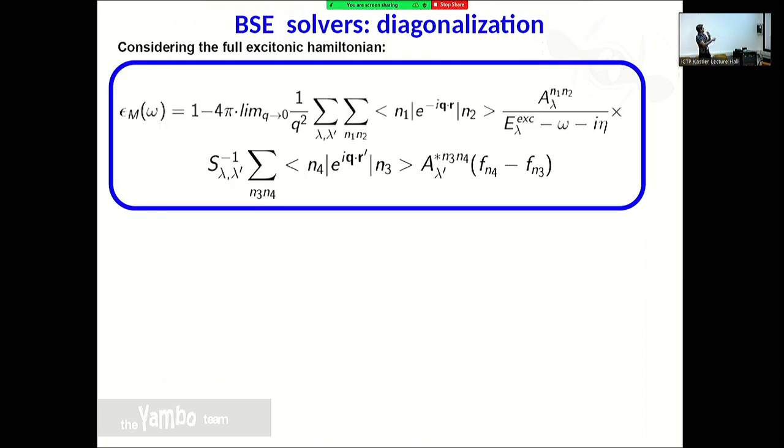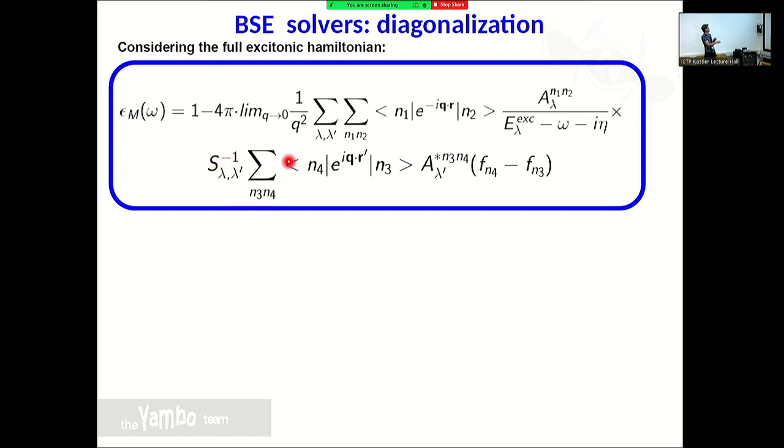So let me comment on the general expression of the dielectric function from the diagonalization, either diagonalization or SLEPC. It has this shape. So you have here this matrix element. Then since you are doing the q going to zero limit, this will become the dipoles. You have the excitonic wave functions, and then you have the excitonic poles.